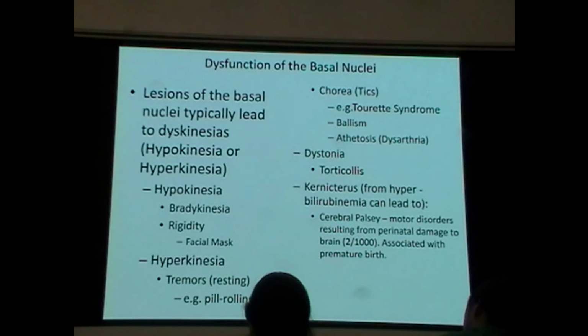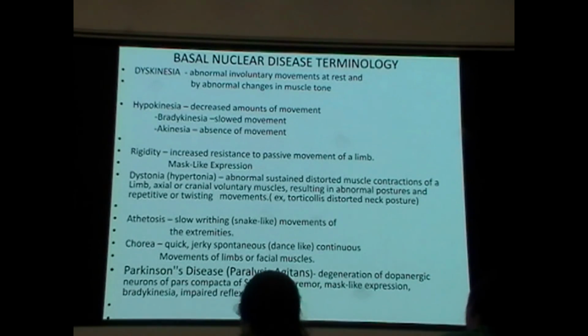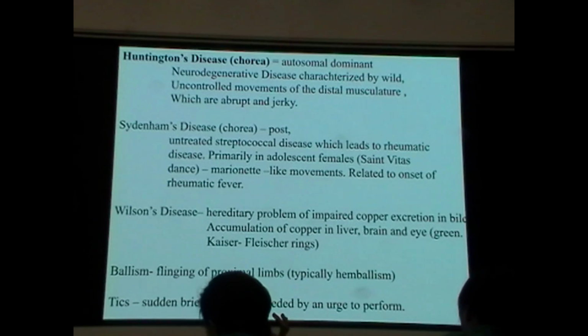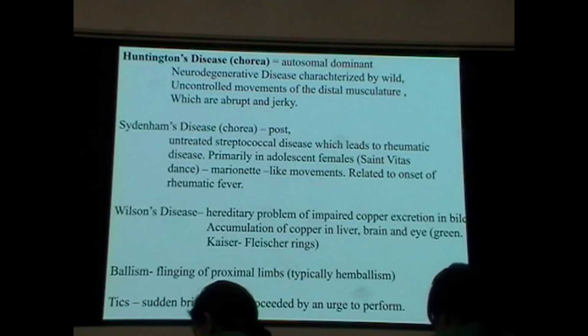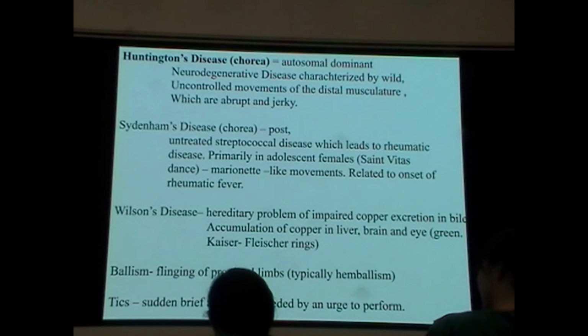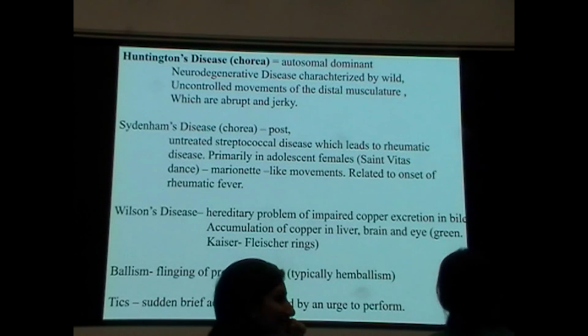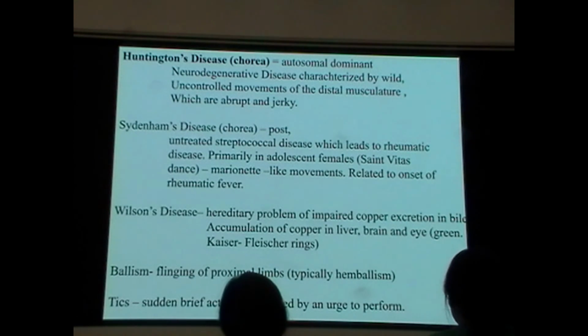Then there's a couple of sheets I gave you in relation to Parkinson's, paralysis agitans. There are three others I'll mention. Huntington disease is autosomal dominant. The patients usually don't survive very long. Sydenham's disease, or Sydenham's chorea, takes place usually in young women in relationship to a strep-related disease with rheumatic fever.